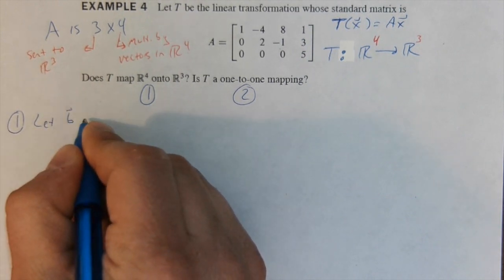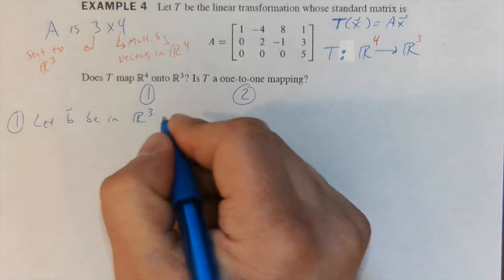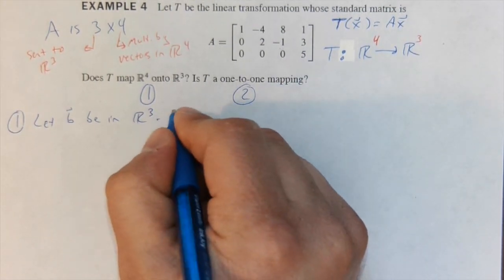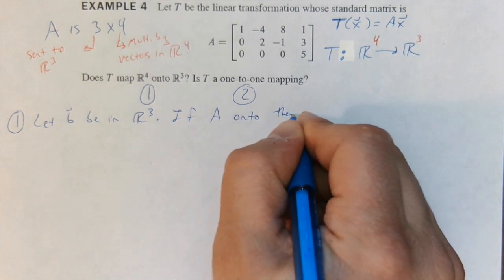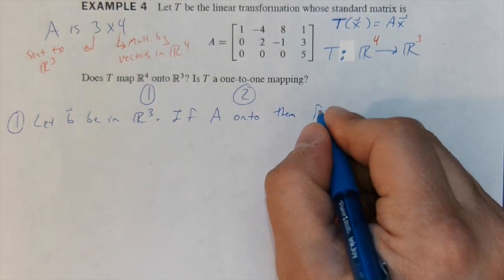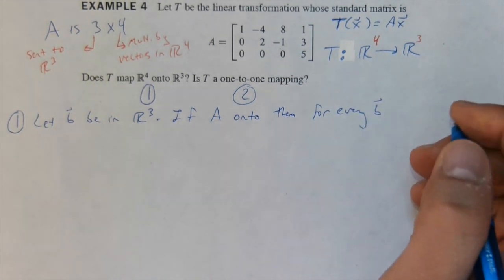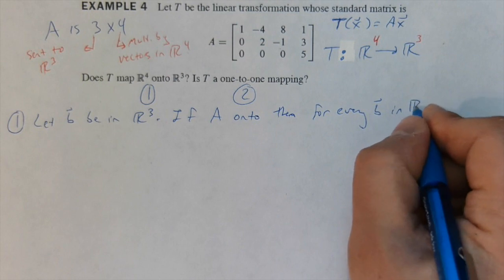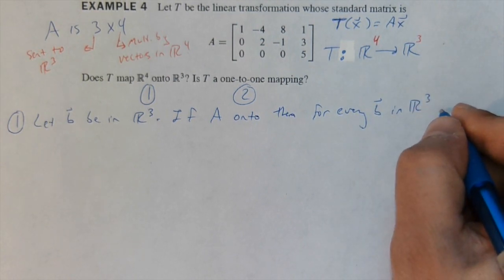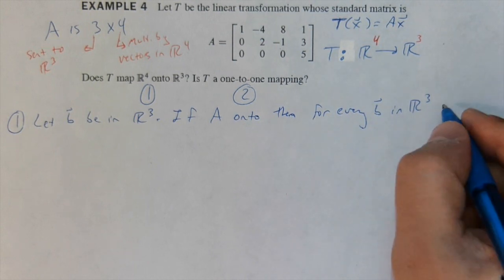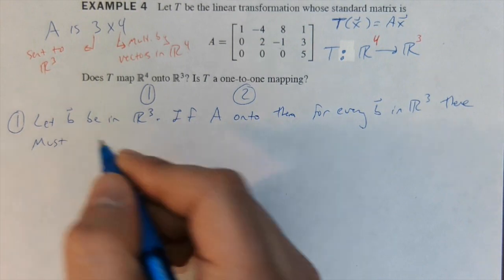So let b be in R^3. The idea is that if A is onto, then that means for every vector in R^3, in the codomain I should say, there has to be some vector in R^4 that hits it.